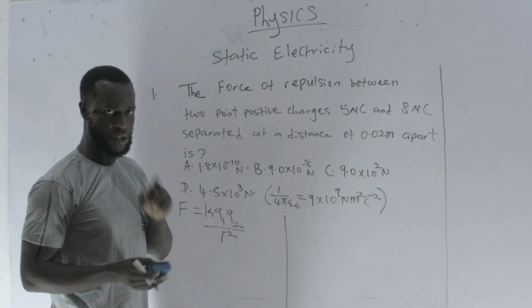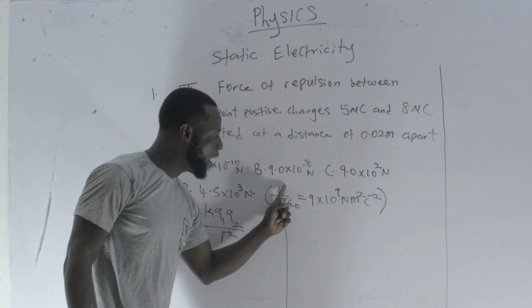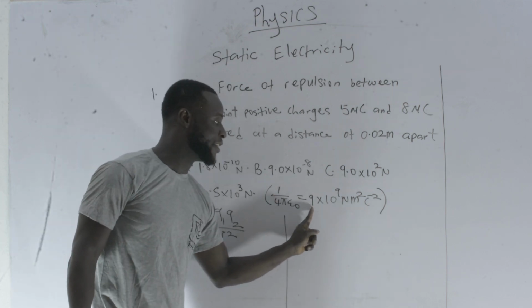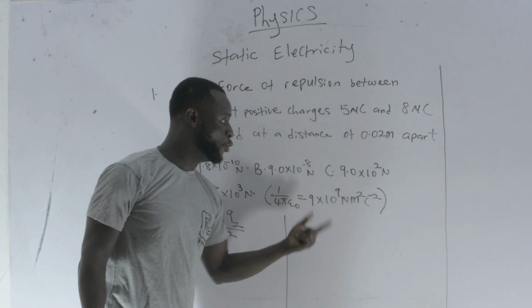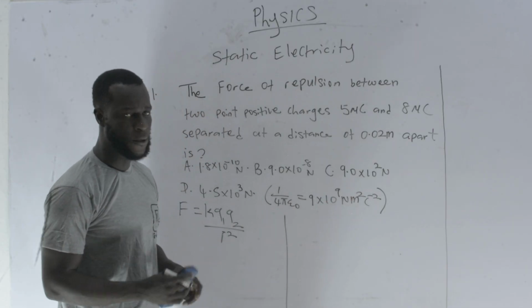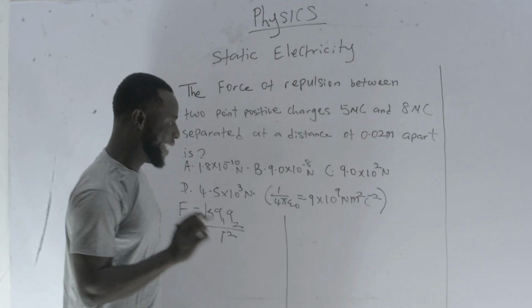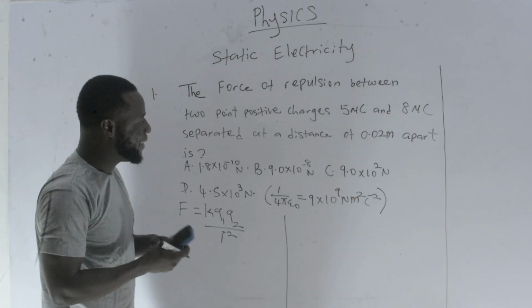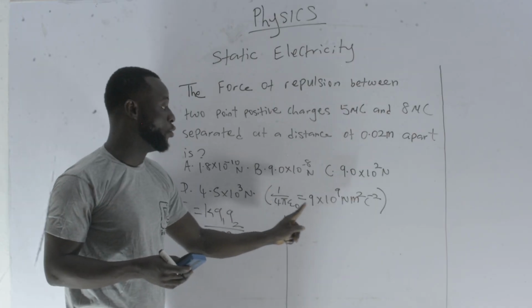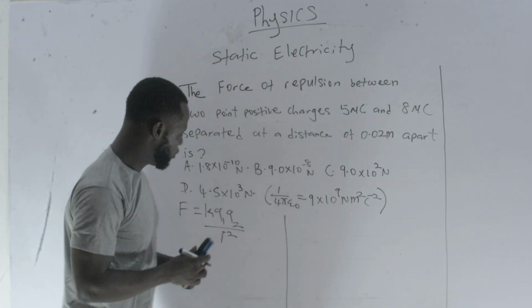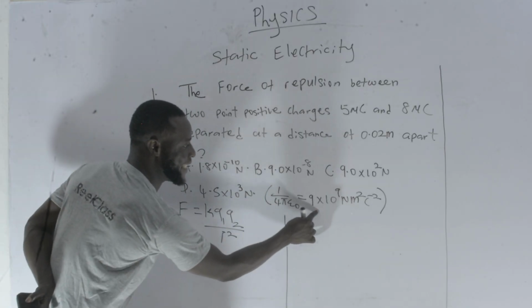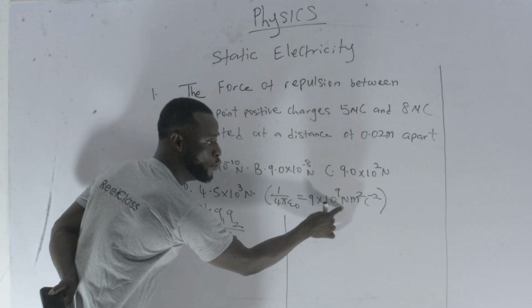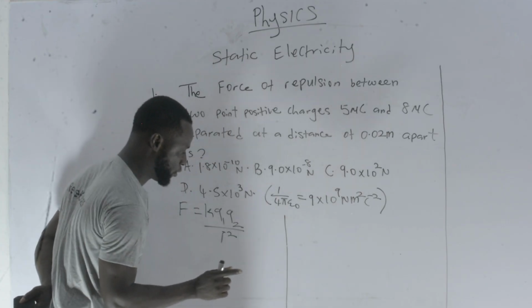Look at what they said, that is very interesting. 1 over 4 pi E naught is equal to 9 times 10 raised power 9 Newton meter squared per Coulomb squared. Recall earlier on, I told you that K itself is also 1 over 4 pi E naught. So by them saying 1 over 4 pi E naught, they are giving me K. So therefore, my K is 9 times 10 raised power 9 Newton meter squared per Coulomb squared.